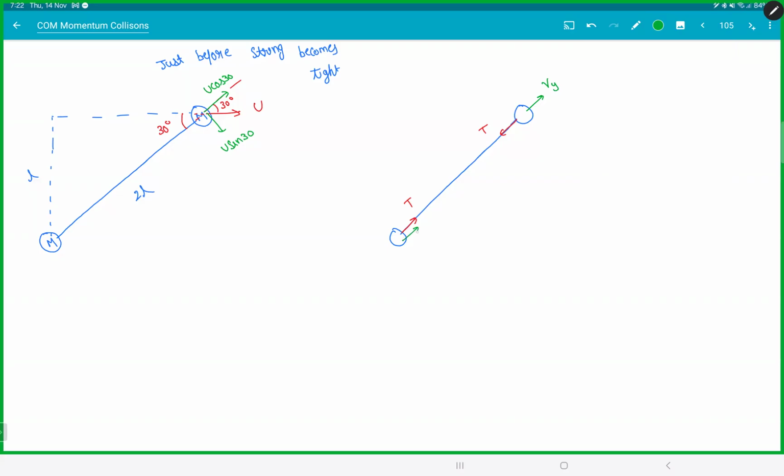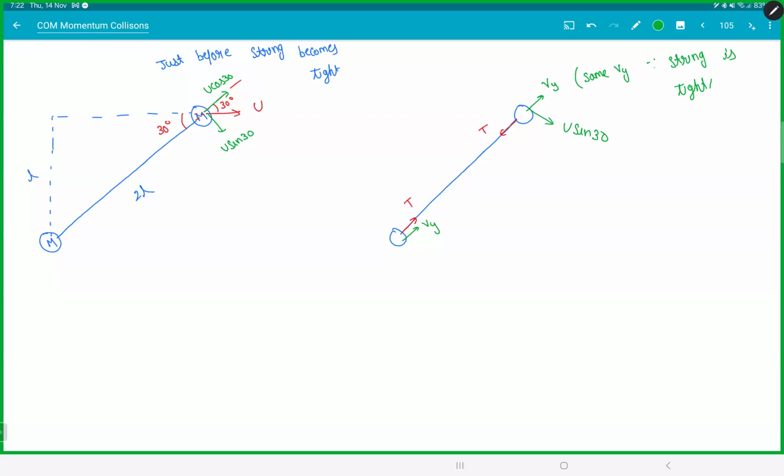This velocity also will be Vy because the string is tight. Can you tell me what about this u sin 30? This velocity will remain unaffected.